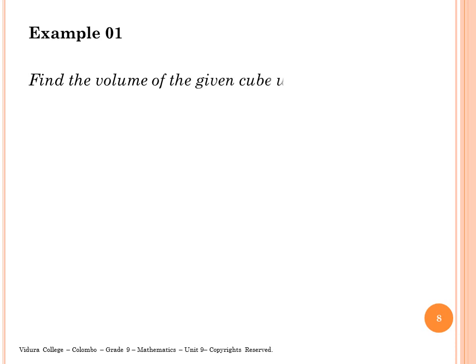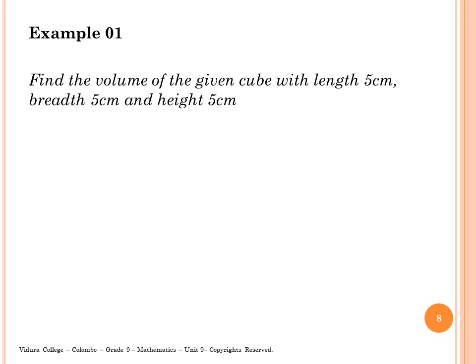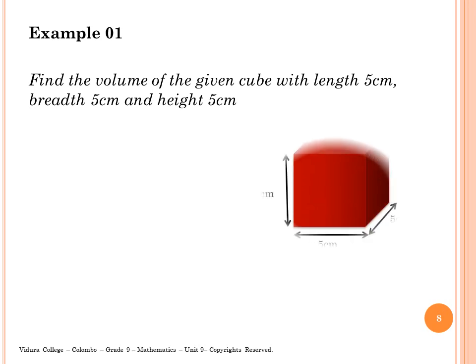Now let's see how we can calculate the volume with some examples. Look at example 1. Find the volume of the given cube with length 5 cm, breadth 5 cm and height 5 cm. Here the length, breadth and the height are given.